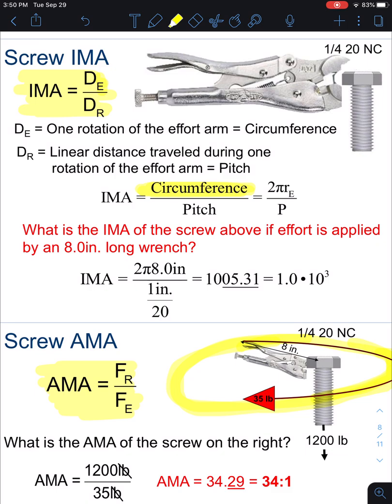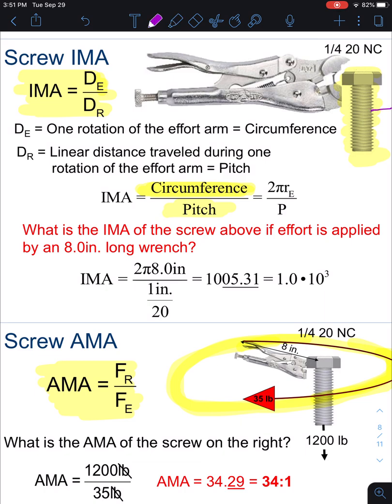We want to know the circumference, the distance of that circle that's made, because that's our effort distance. The distance of our resistance, or the distance of the load, is what we call the pitch of the screw. The pitch of the screw is the distance between two threads. You can see on the screw on the right hand side, any picture of a screw, two threads together.